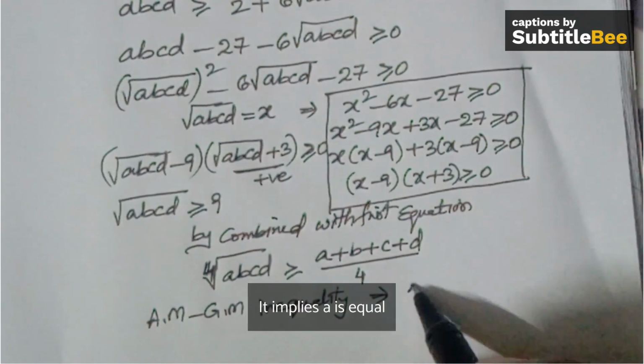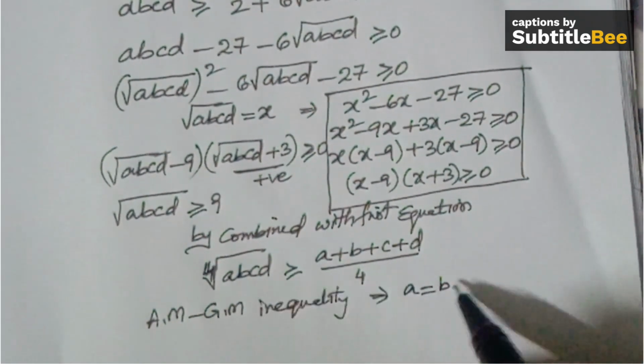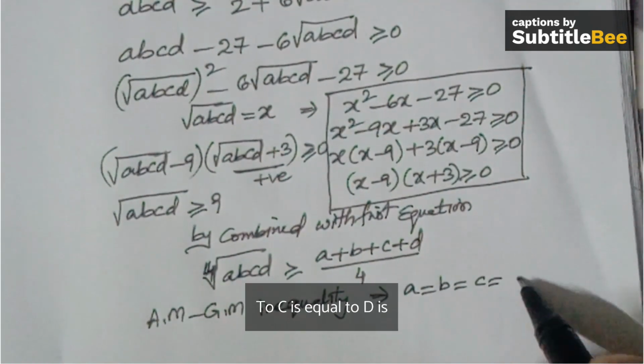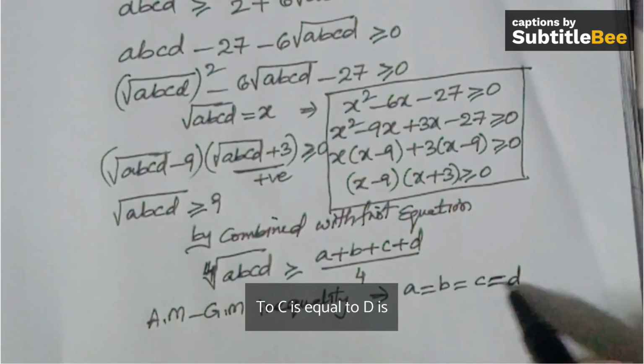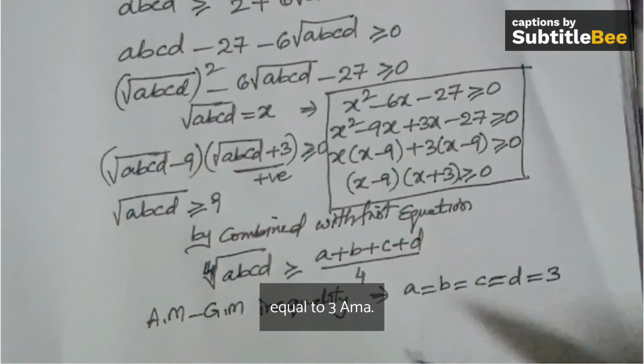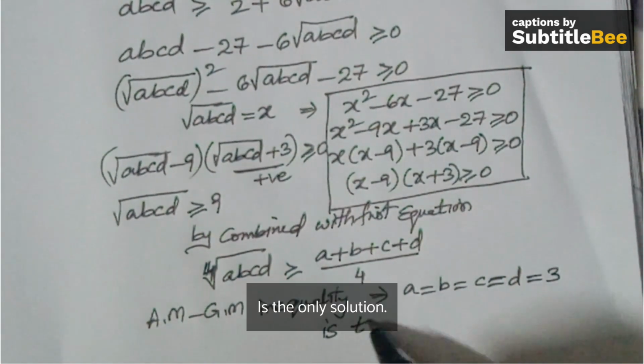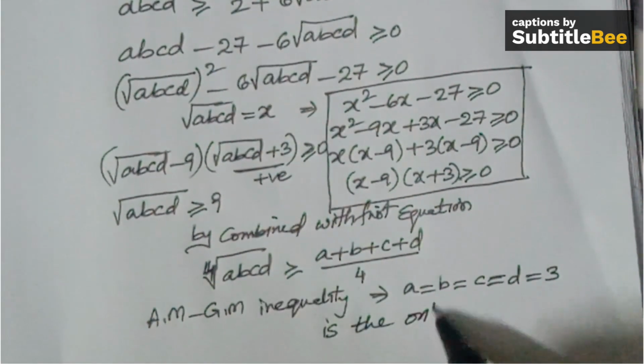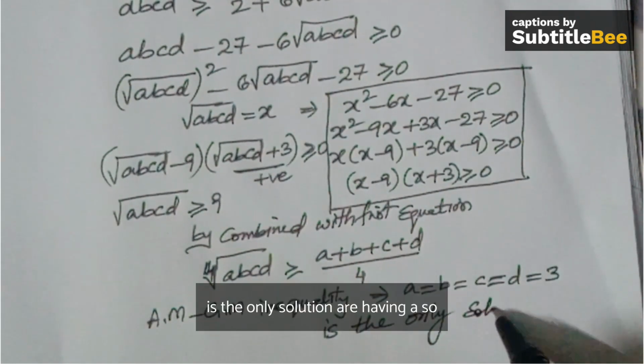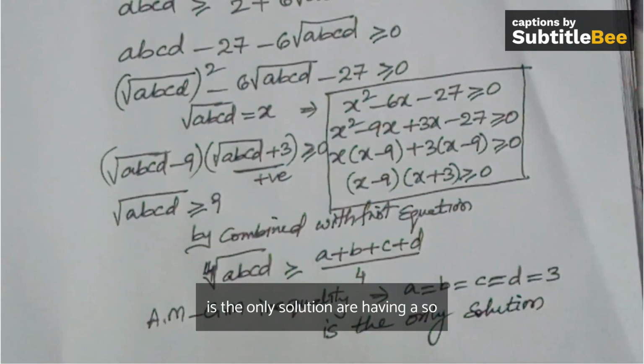It implies A is equal to B is equal to C is equal to D is equal to 3. This is the only solution we are having now.